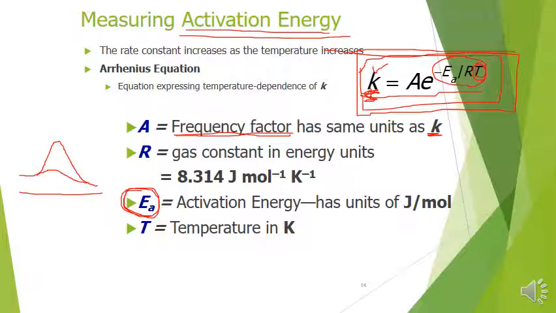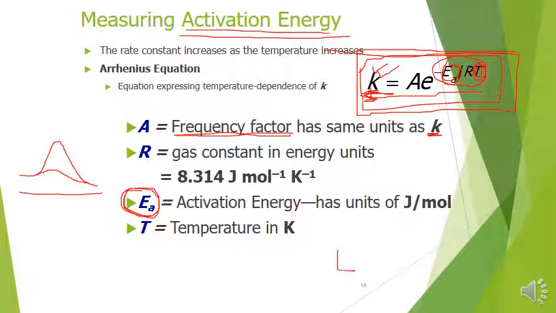If you increase Ea, it'll decrease k. You can see that there's a negative Ea here, so a negative Ea would decrease k. The negative makes this a fraction, and so a high T, because it's in the denominator, will make this bigger. A high Ea will make it smaller.